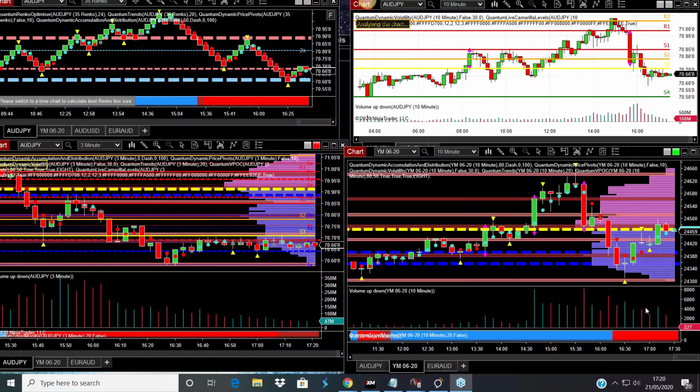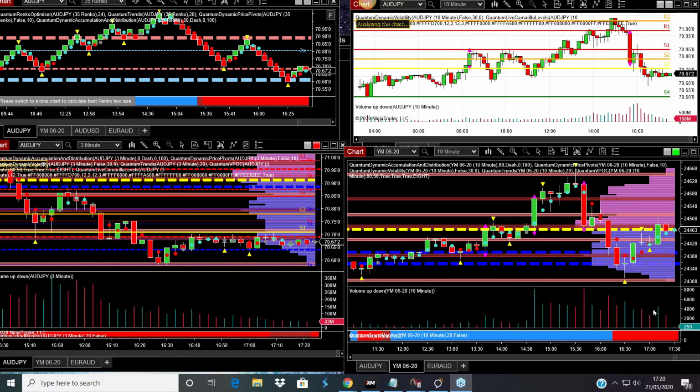The reason we use this methodology is because it combines the price action that we see on the chart and volume. And by volume, we look at what we call activity, which is the volume bars that you see at the bottom of your chart.